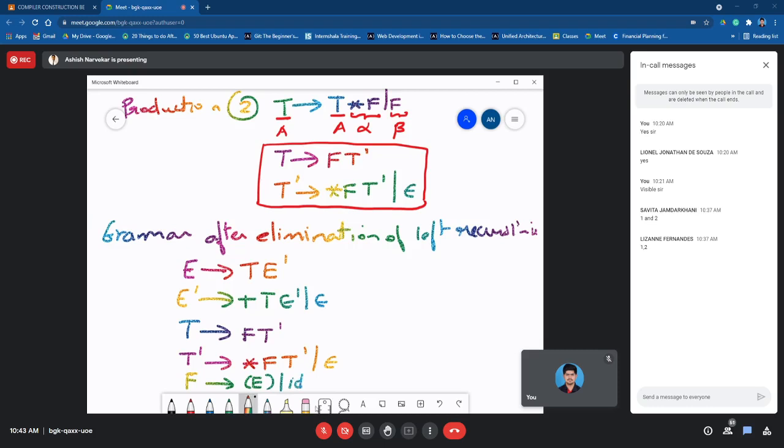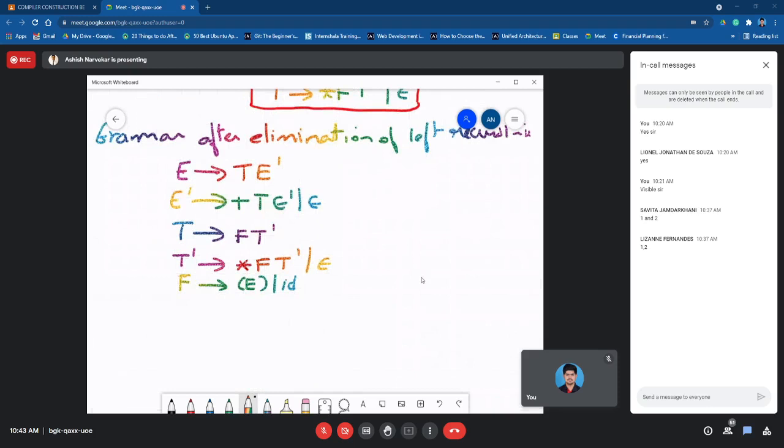Okay. So this is our final solution of elimination of left recursion. So this is the grammar which does not contain any left recursion.